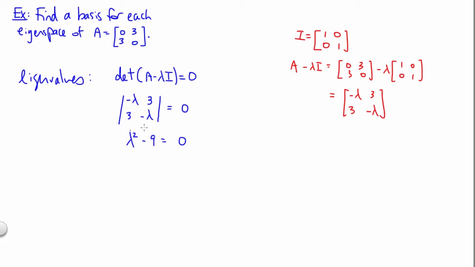Typically, we're going to be factoring to solve this equation, so we'll factor this as lambda minus 3 times lambda plus 3 is equal to 0, and that gives us our lambda values 3 and negative 3. So these are the eigenvalues for the matrix A.